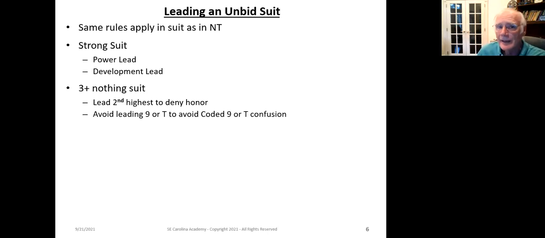Okay. Now, again, avoid leading the 9 or 10 when you're leading from a suit that has nothing in it. The reason for this is you don't want to confuse your partner. You don't want them to think you're leading a 9 or 10 as a power lead, because they're thinking through these opening leads in the same priority structure and say, okay, a 9 or 10 is a good power lead.